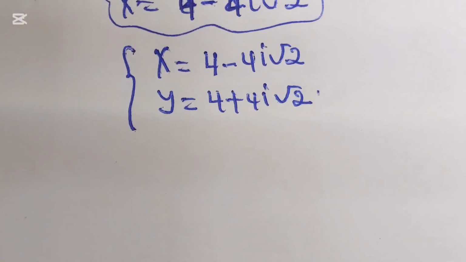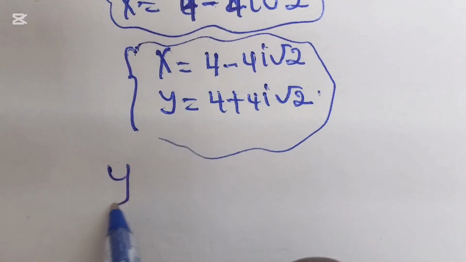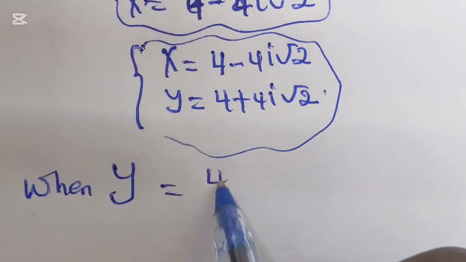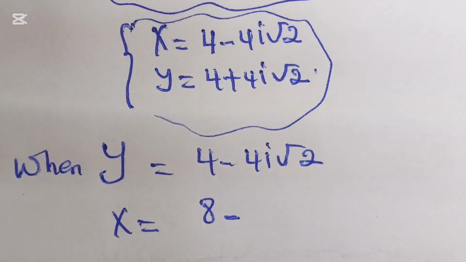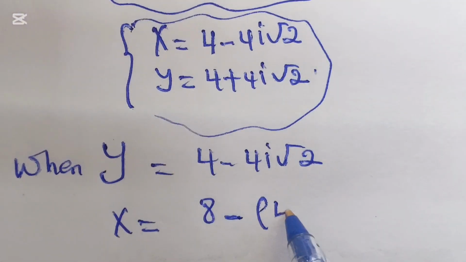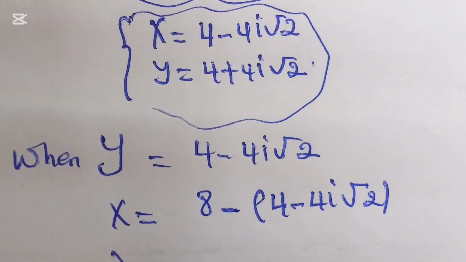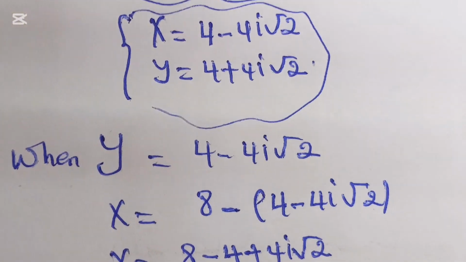So for the second solution, when y equals 4 minus 4i square root of 2, x will be equal to 8 minus this one, 4 minus 4i square root of 2. Then x will be equal to 8 minus 4 plus 4i square root of 2, right?